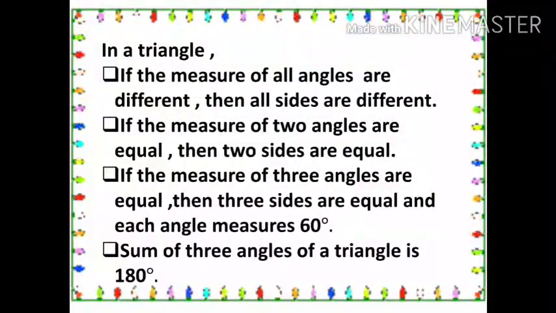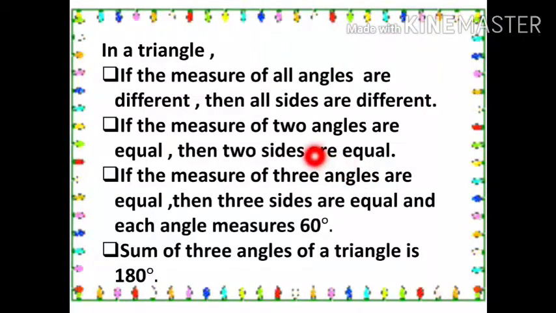Students, note it carefully. In a triangle, if the measures of all the angles are different, then all sides are different. If the angles are different, definitely the sides are also different. If the measure of two angles are equal, then two sides are also equal.